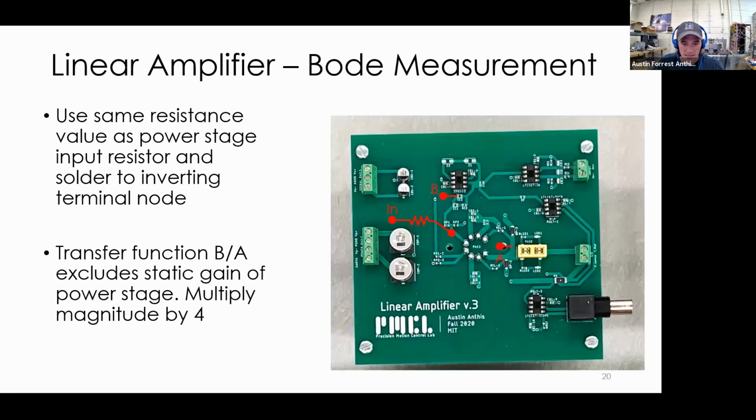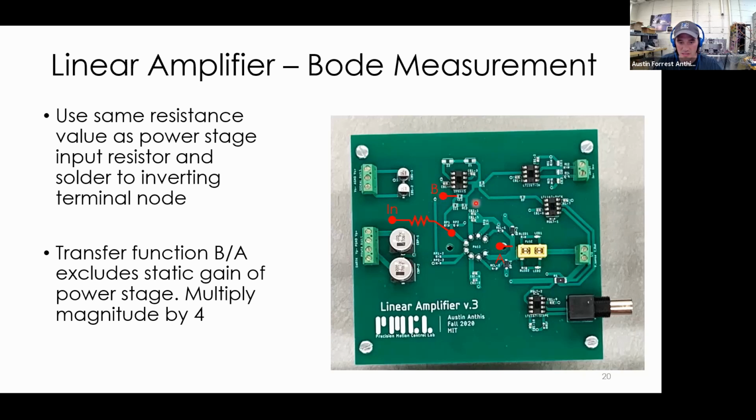The way we did that was solder an additional input resistor to the power stage. So now the power stage is a summing junction of the control effort and an excitation signal. And then you measure the voltage at the output of the power stage and the voltage at the output of the control stage.